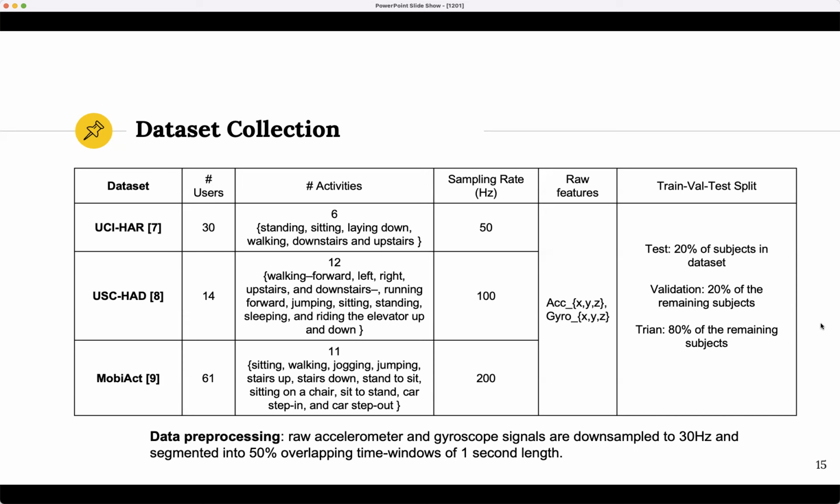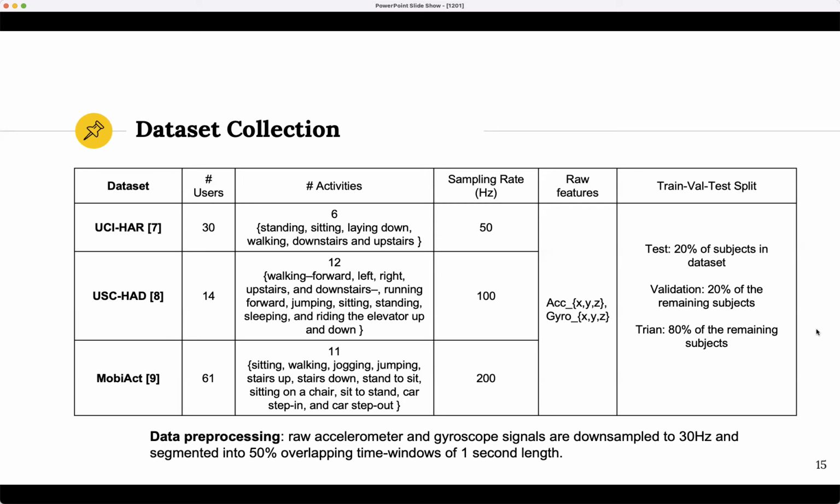And in terms of the data pre-processing, because they all use machine learning models, they think they should apply very simple data processing that will also work fine. So here they just downsample all the raw data to 13 hertz.